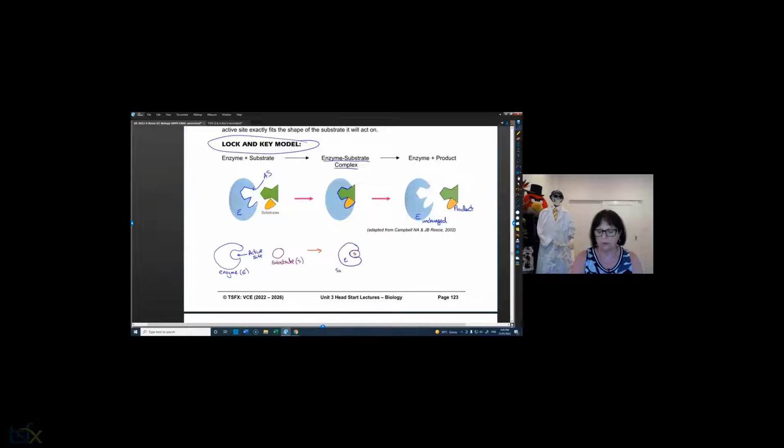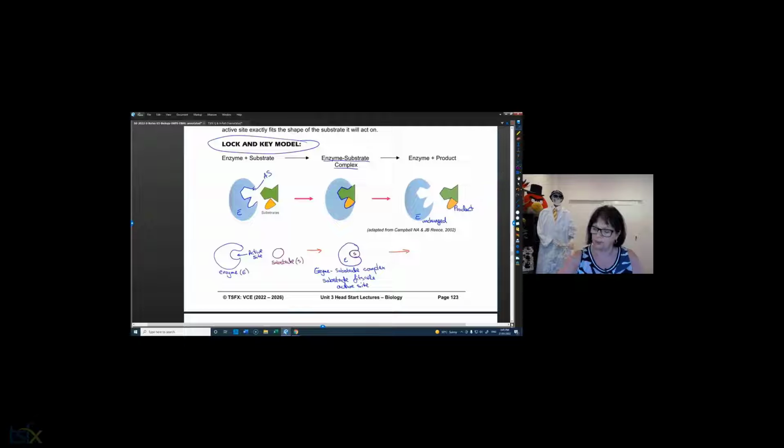And we call this the enzyme substrate complex. And we say that the substrate fits the active site. So you write a little bit of annotation on there to explain, so it's not just a picture sitting there in the middle of the page.